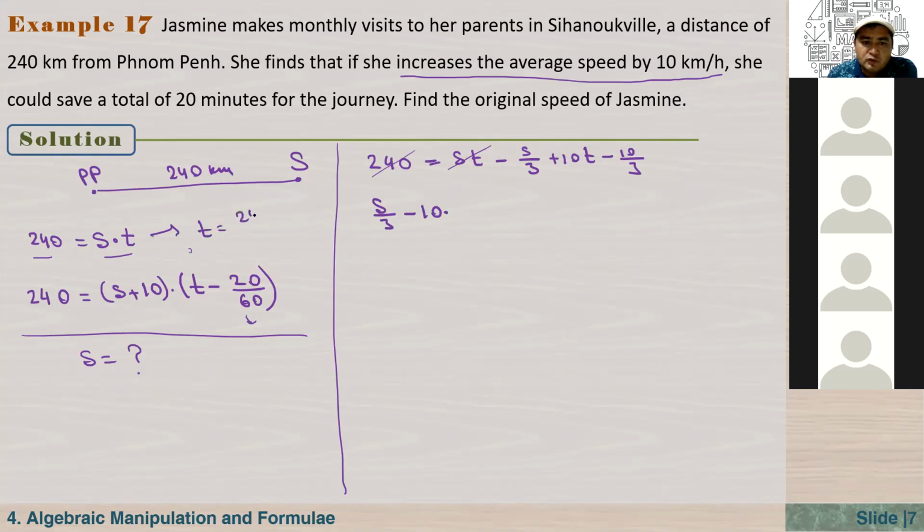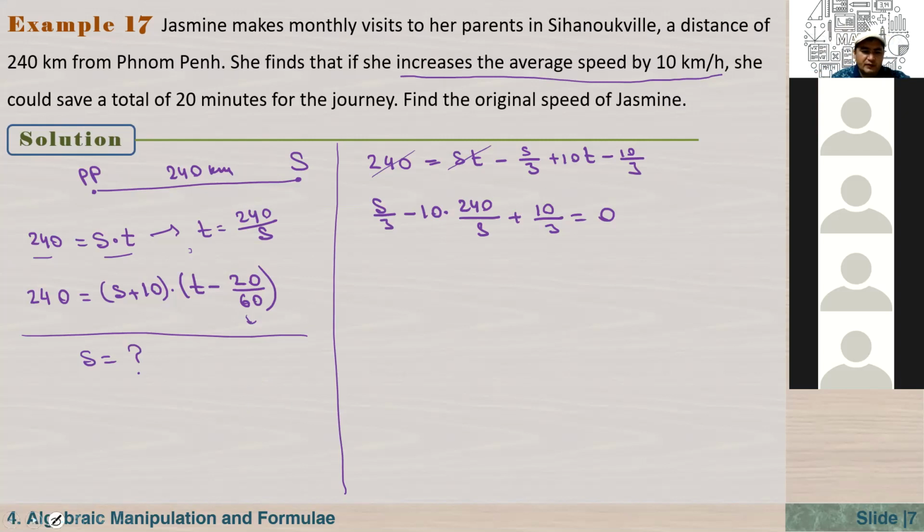T is equal to 240 over S. So instead of T, I'm going to write 240 over S, and this minus becomes plus, plus 10 over 3 is equal to 0. We just canceled ST with 240. I multiplied both sides by minus 1, and after that, instead of T, I substituted 240 over S.